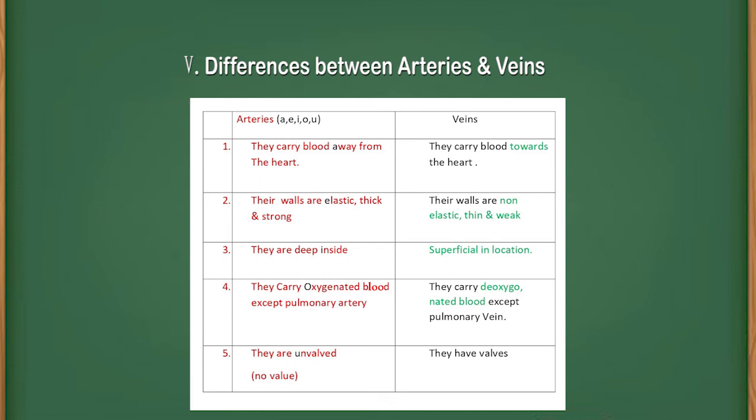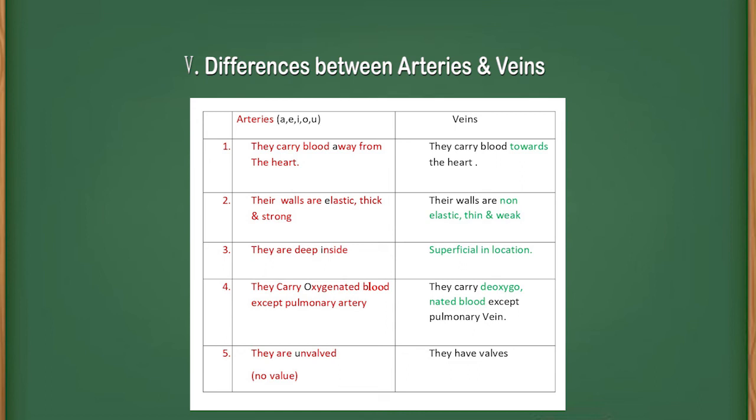The next point, they carry oxygenated blood except pulmonary artery. Here they carry deoxygenated blood. Only that word alone you have to change. Then they are unvalved, that means no valve. Here they have valves.